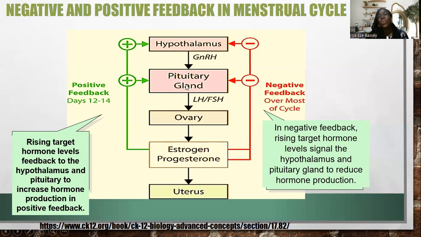So you have what is called an LH surge, which will cause more increase in this, and more increase in that, until the mature follicle is released and ovulation occurs. So that is a very important example of positive feedback. Usually in nature, most of the feedback control in the body is negative feedback control.